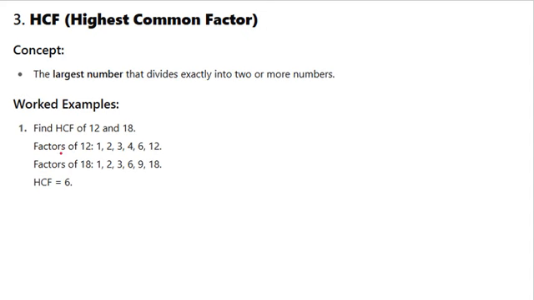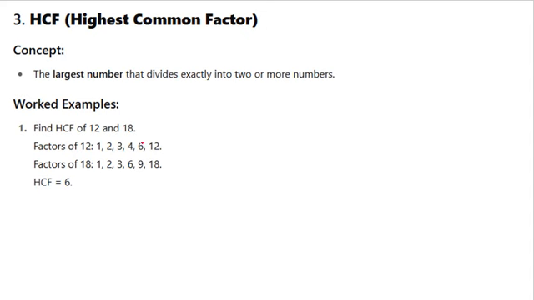If you check, the factors of 12 are 1, 2, 3, 4, 6, 12. The factors of 18 are 1, 2, 3, 6, 9, 18. Okay, so the highest common factor is the largest number that divides exactly into the two numbers. So what is the largest number that divides both 12 and 18 here?